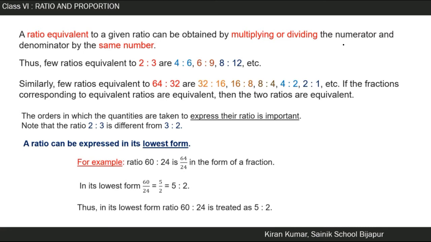For example, 60:24 is 60 upon 24. It's not the lowest form. To express in lowest form, we divide by 12: 5 times 12, 2 times 12. 5:2 is the lowest form of 60:24.